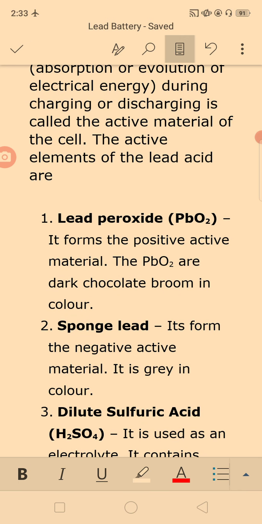Sponge lead is the negative active material. It is gray in color. It generally forms the anode.